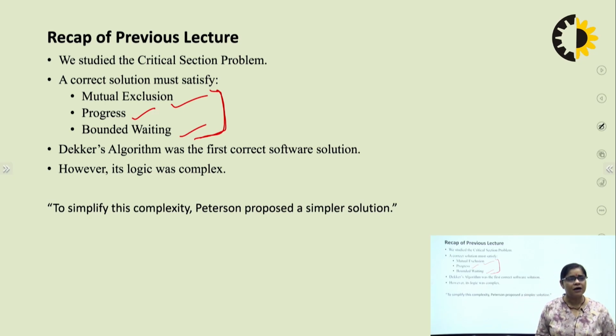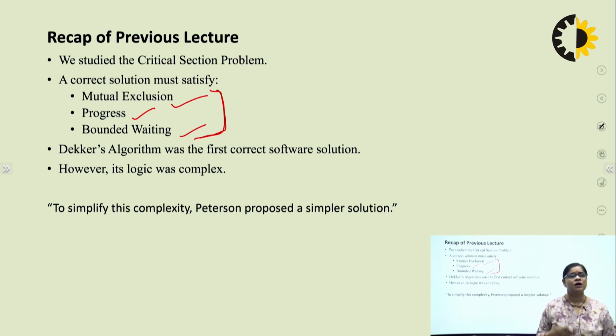Now we have seen Dekker's algorithm, which was the first correct software solution, but the logic of the Dekker solution was very complex, and due to that its implementation is also very tough.